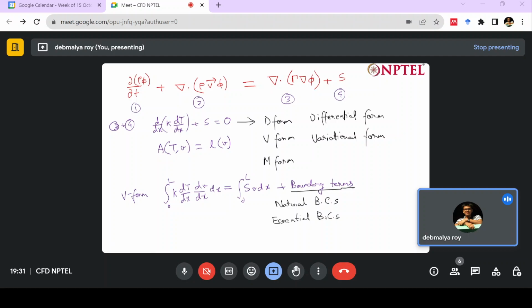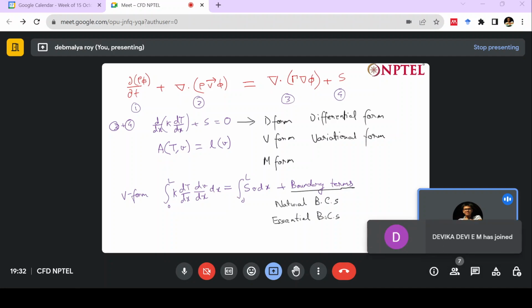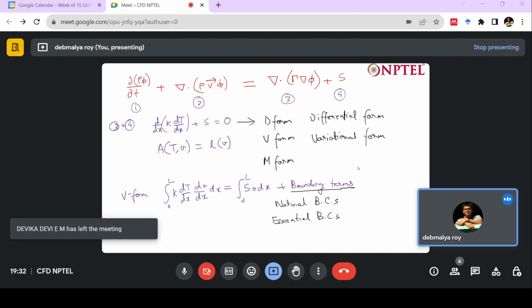Natural boundary conditions are those which you implement using your variational parameter. Essential boundary conditions, you can put the values there. When you do integration by parts, there are two terms. One term has no integral; it is basically values at the boundaries. There you can put these boundary conditions, and by putting those you get these boundary terms.